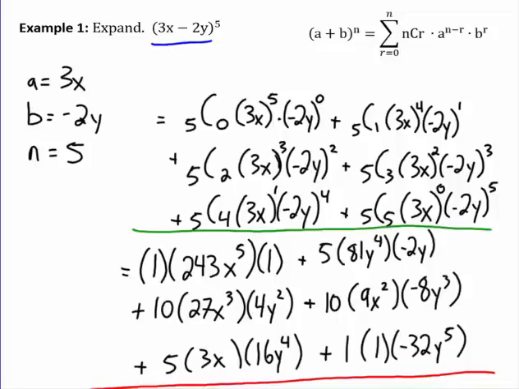So there it is with the NCRs all expanded out, as well as all the exponents taken care of. Now the last thing we have to do is just multiply out those numbers and get the final coefficient. If it's negative, it'll come out negative. If it's positive, it'll come out positive. Again, pause the video, see if you can get your final solution.